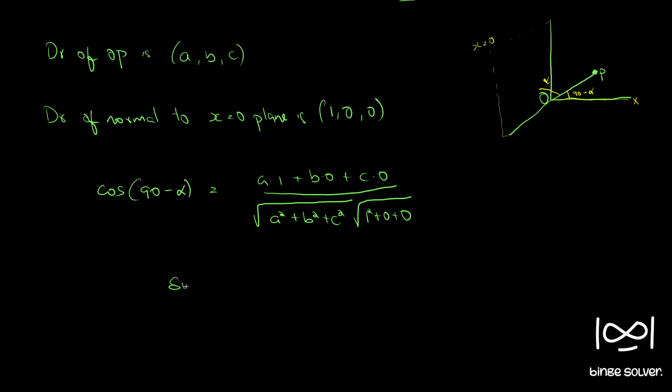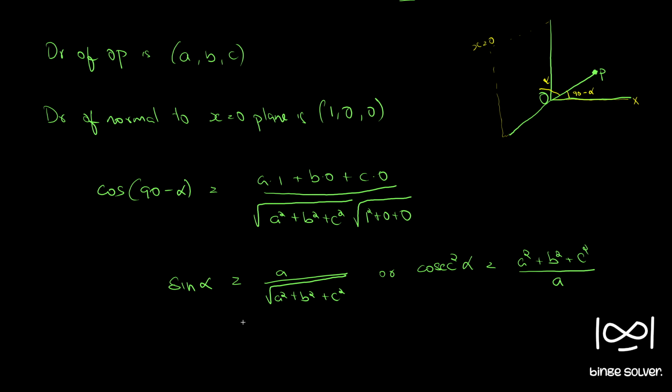So sin alpha is equal to a by root of a square plus b square plus c square, or cosec square alpha equals a square plus b square plus c square by a square. Now we got our cosec square alpha.